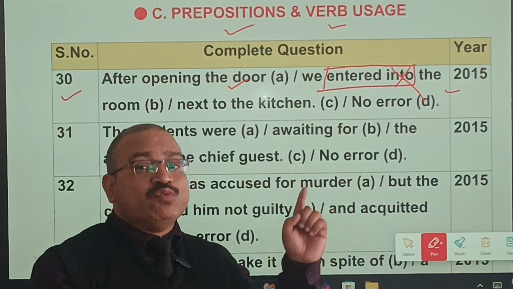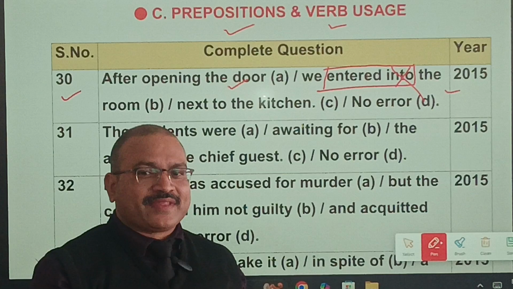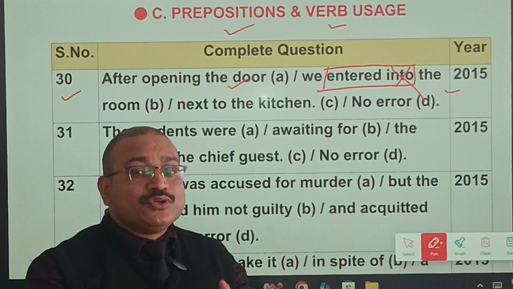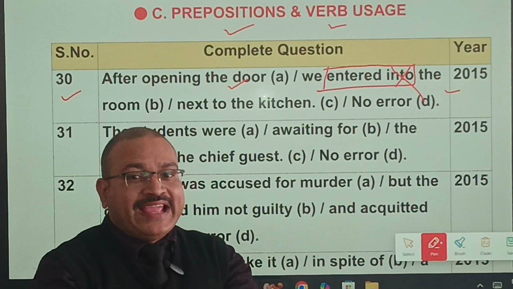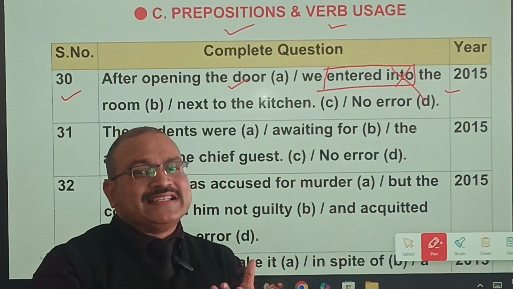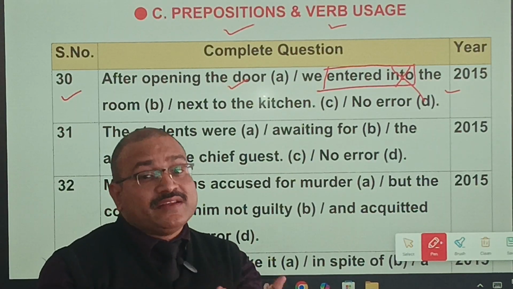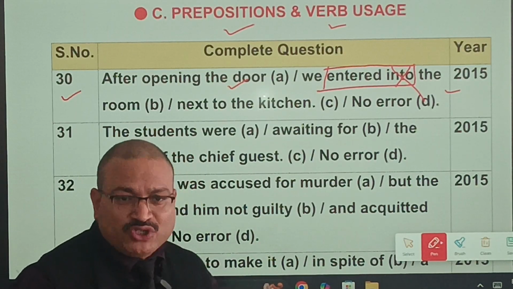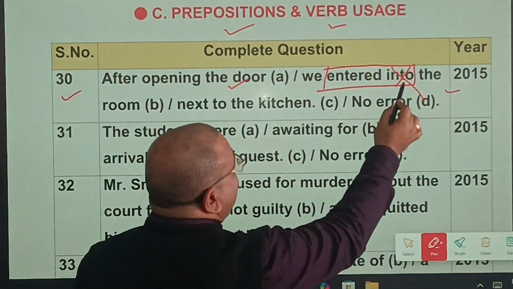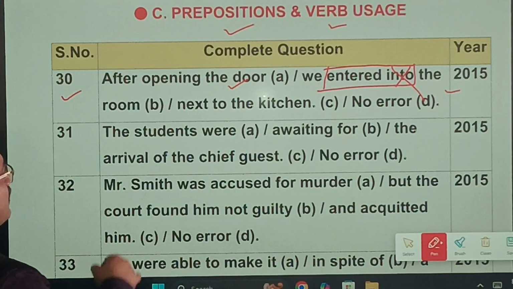So they don't need what? Prepositions. Enter means to get inside, to get in. So enter itself is sufficient for giving the meaning, so it will not take a preposition. So enter into is wrong here. This is the error.